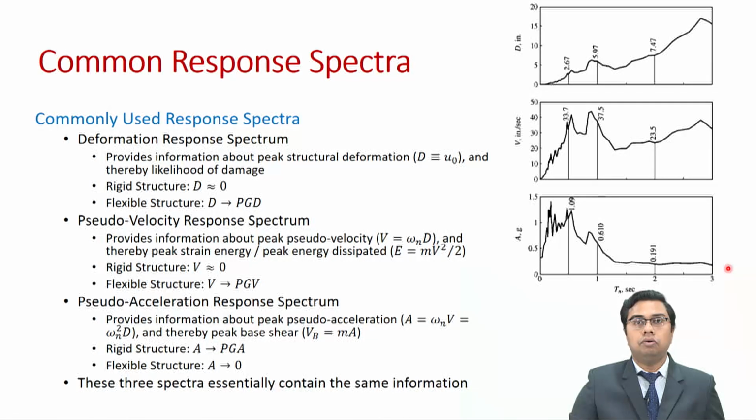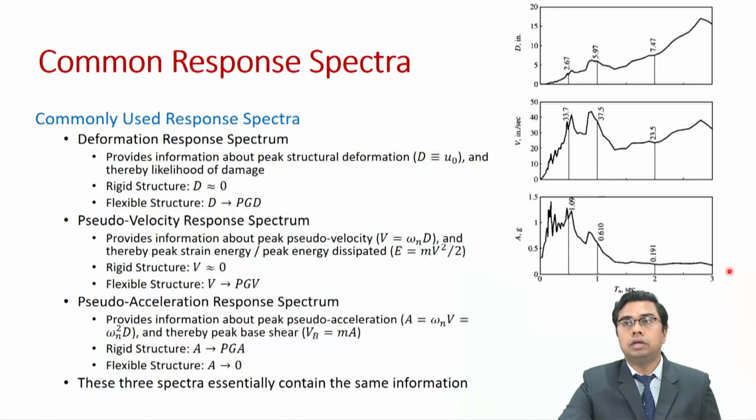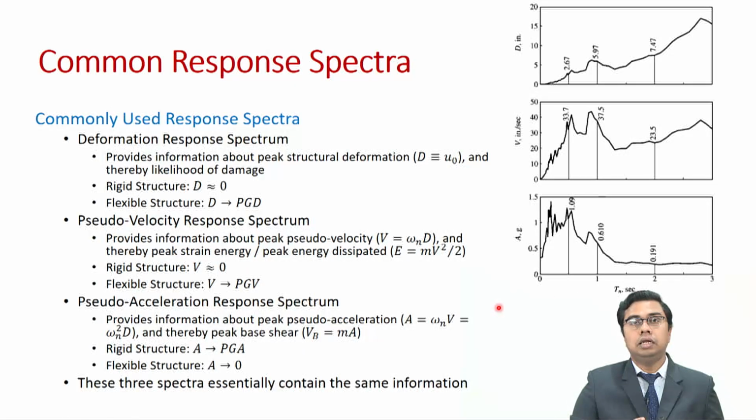And if you are further curious about these spectra, you should look into a book on dynamics of structures. Now, once we have these response spectra known to us, we should understand that these three spectra essentially contain the same information, because we have defined pseudo velocity and pseudo acceleration arithmetically from the deformation.